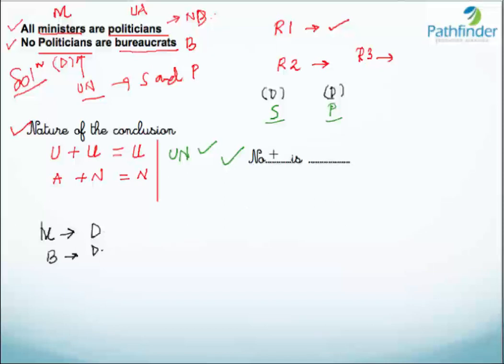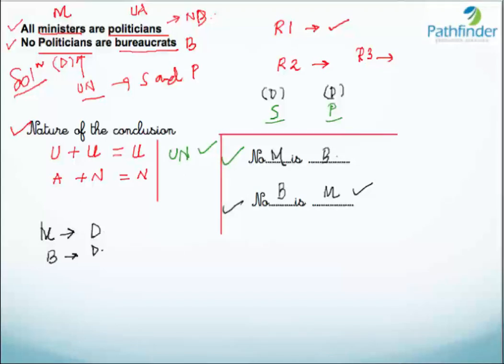So we can write the conclusion as no minister is a bureaucrat. This also would have been correct. And we could have also written the other way around, no bureaucrat is a minister. This also would have been an accurate conclusion. So we can see these are the two given conclusions that follow from the statements given.